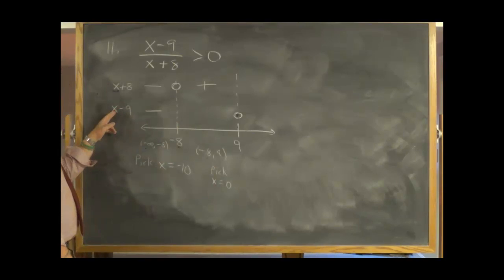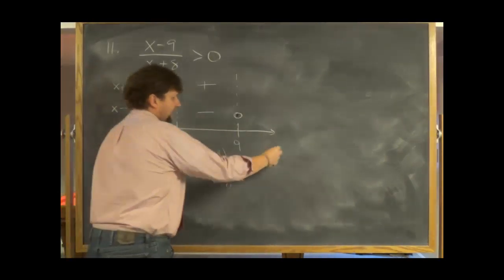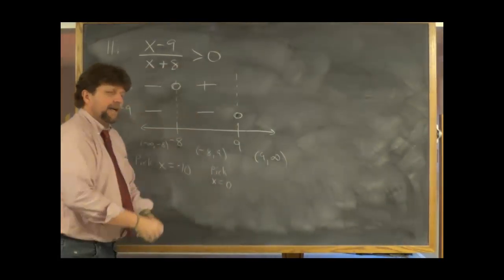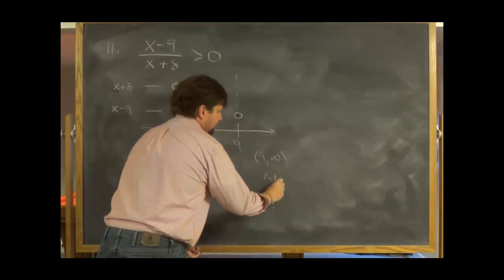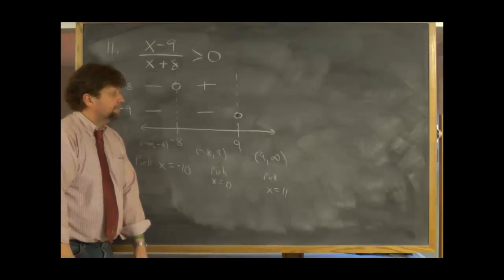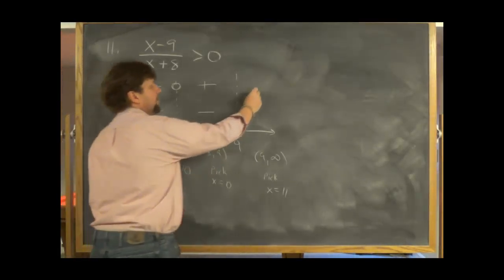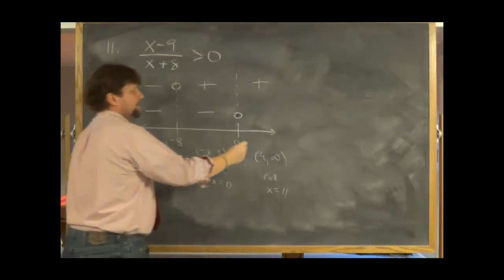For x minus 9, I put 0 in and get a negative. And then finally out here in the interval 9 to infinity, I can pick any number I want, so I'll pick x equals 11. Put 11 in for x, and out comes a positive number in both.